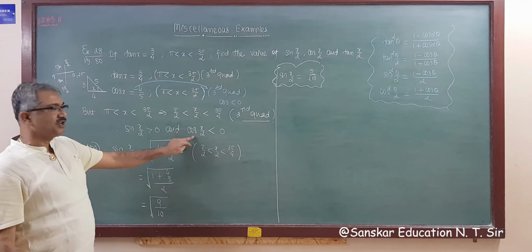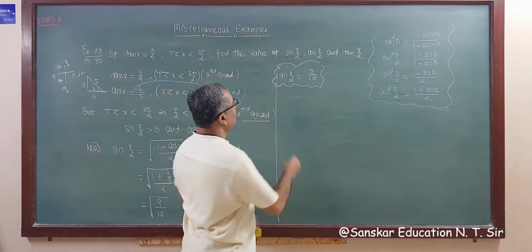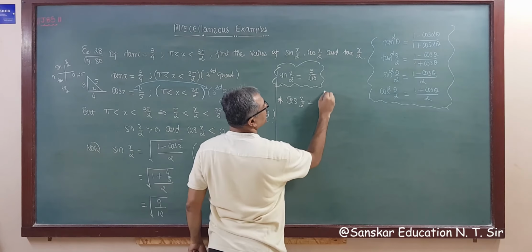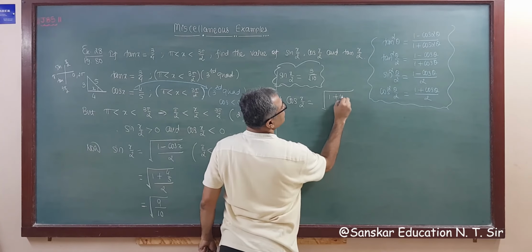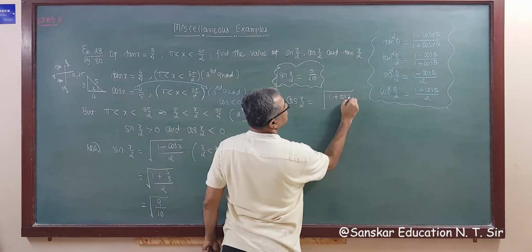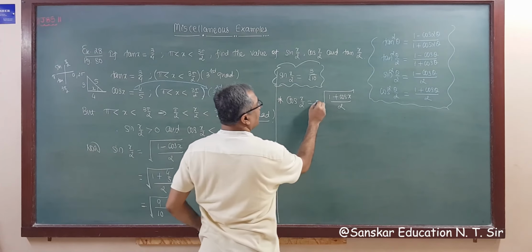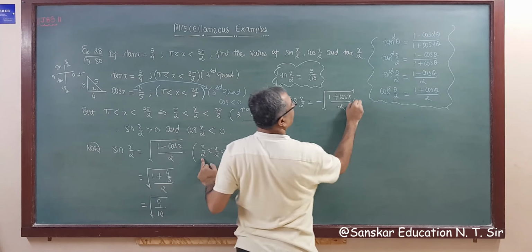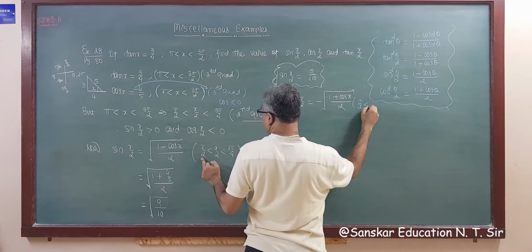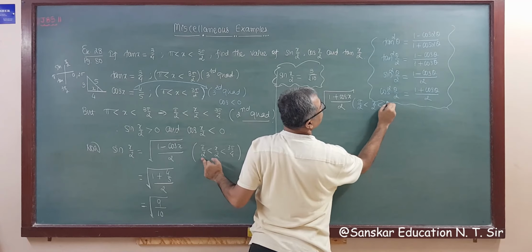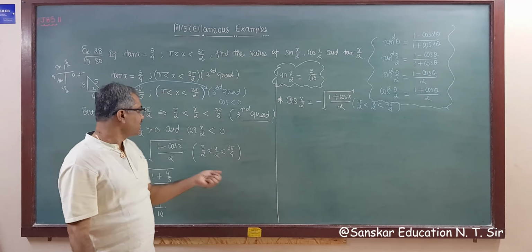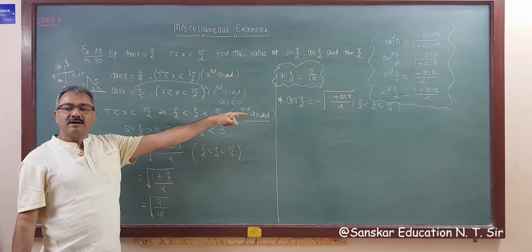Right? Now cos, we require cos x by 2. So cos x by 2 is equal to square root of 1 plus cos x divided by 2. That you know, 1 plus cos theta divided by 2, and we are taking minus because pi by 2 less than x by 2 less than 3 pi by 4, second quadrant, and in second quadrant cos is negative, so we are considering the minus sign.